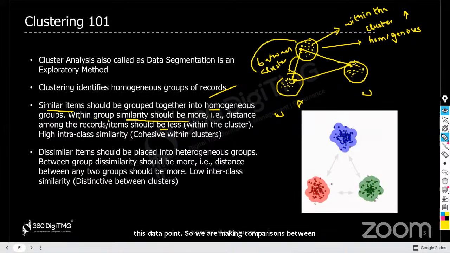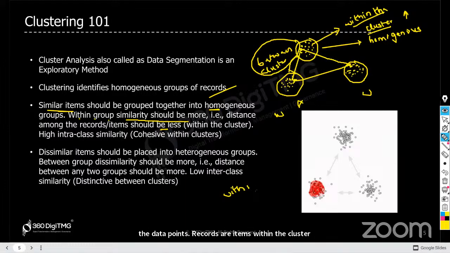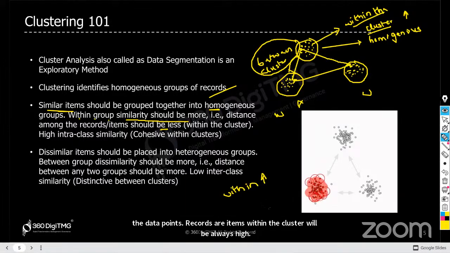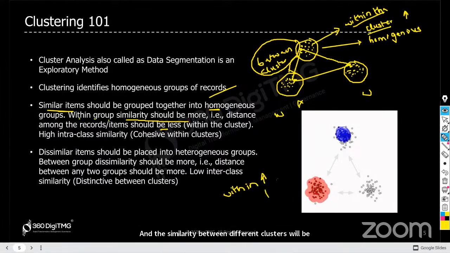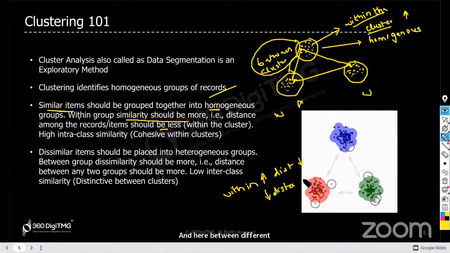That is between cluster. If we are comparing the data points in the same cluster, that is within the cluster. Always remember the similarity between the data points, records or items within the cluster will be high, and the similarity between different clusters will be less. Within the cluster, the distance will be less, and between different clusters, the distance will be high.